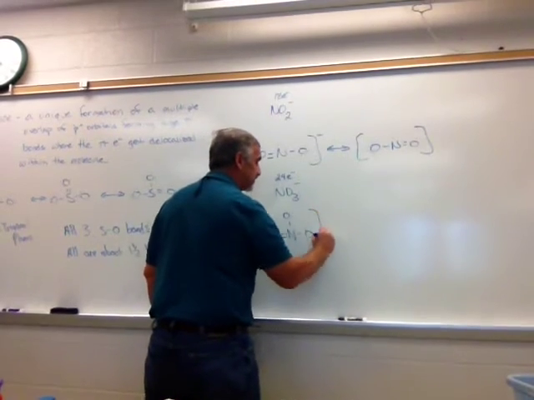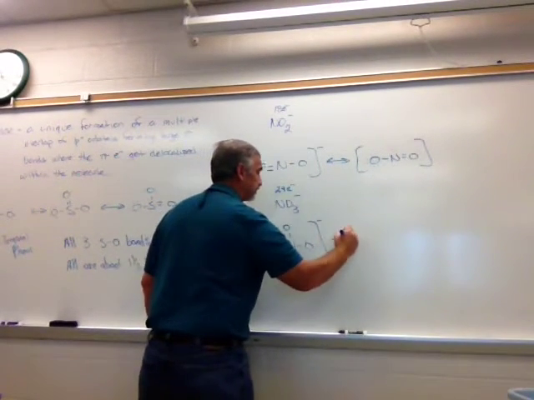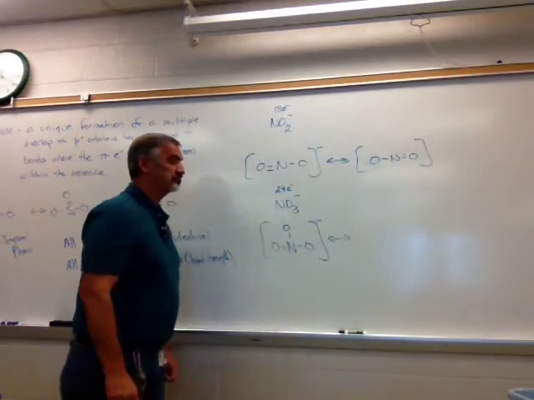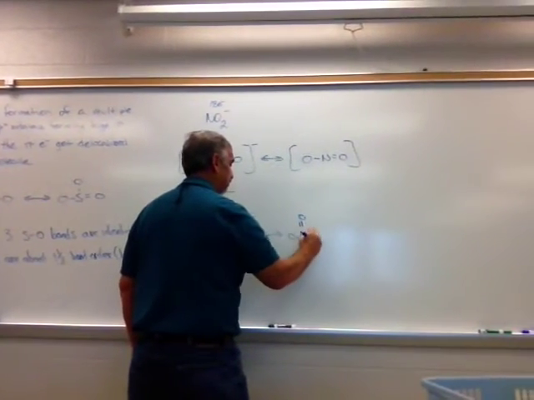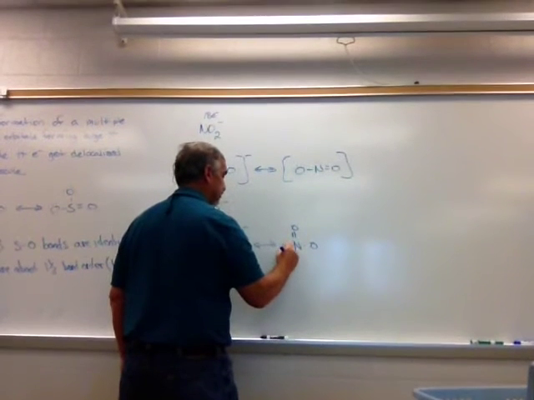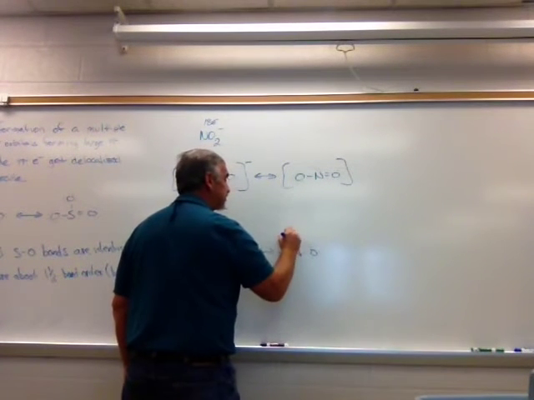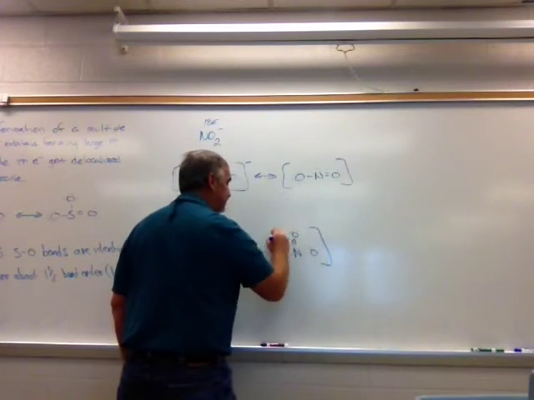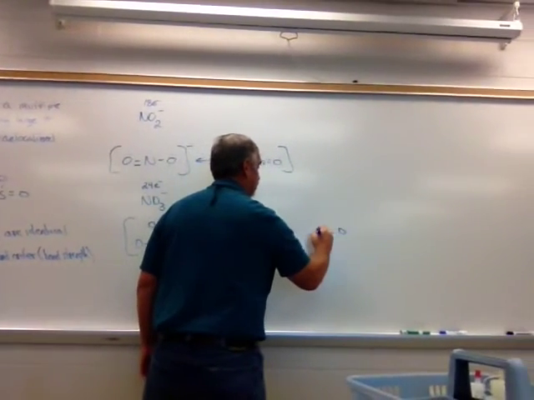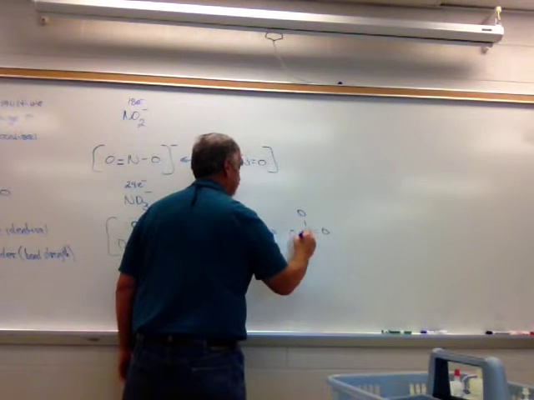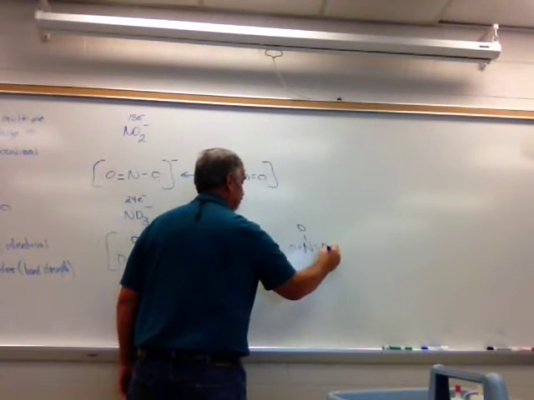So what would my next resonance structure look like? On the top. Notice I'm only moving the position of the double bond. All the atoms, everything stays the same. Or we can go double bond on the right. So we have to write all 3.